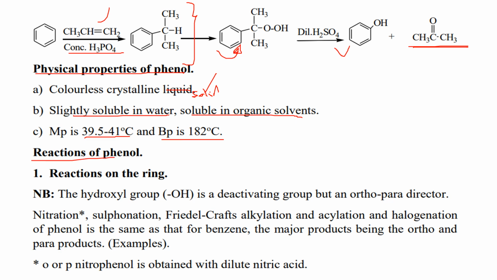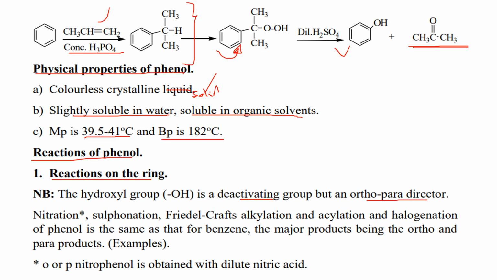Now let's look at all the reactions that are involved in phenol. So number 1, you're going to be looking at the reactions of the ring itself. Now we are saying that, just like I said previously, the hydroxyl group is an activating group, and an ortho-para director, just like I gave in the example.